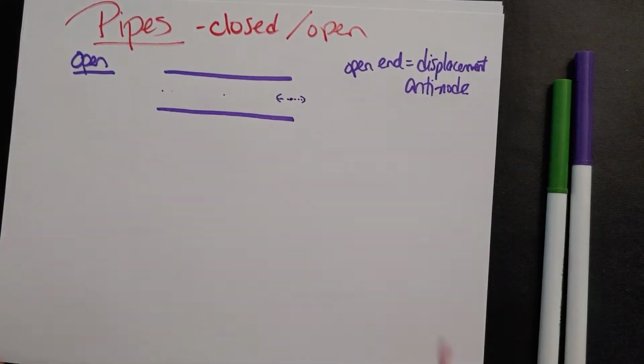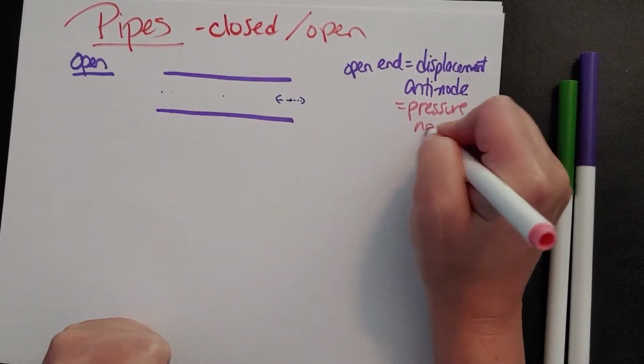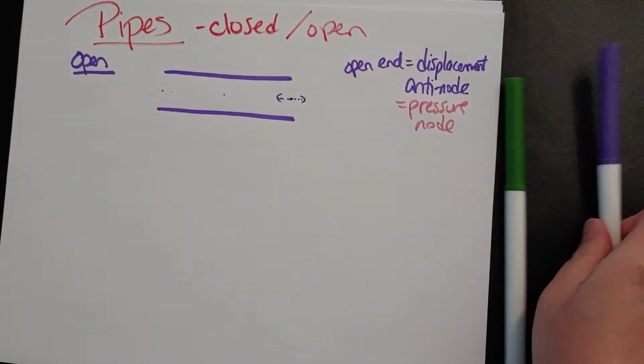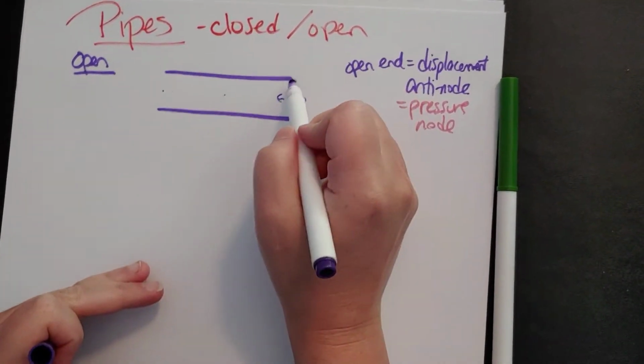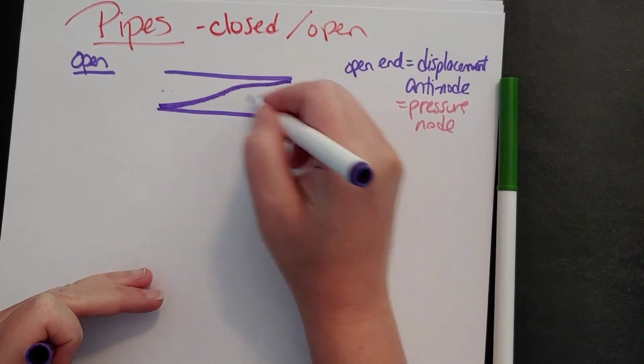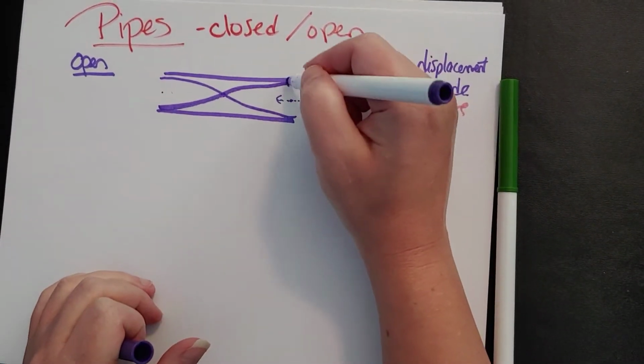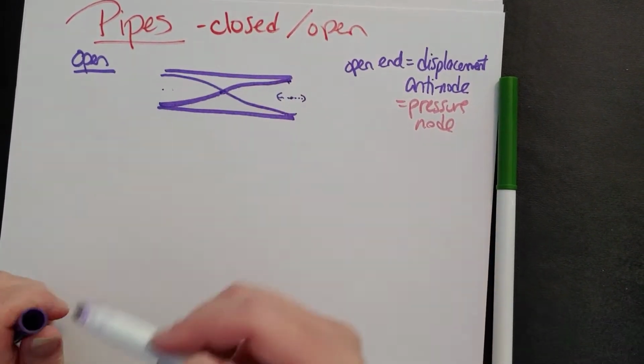So a displacement antinode is a pressure node. And it's a little bit more complicated than I want to get into right now. But we can draw this. An antinode would look like that, right? That's where the biggest thing is, and here's a node, and there's an antinode.